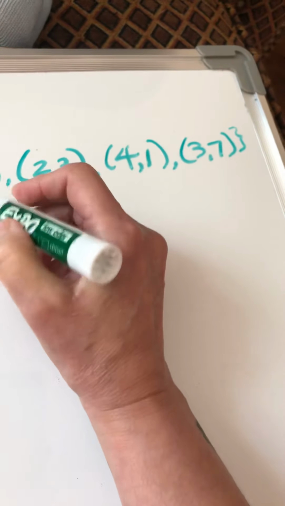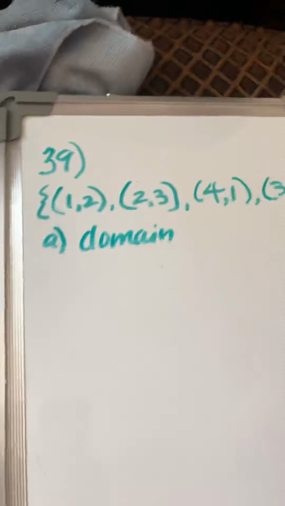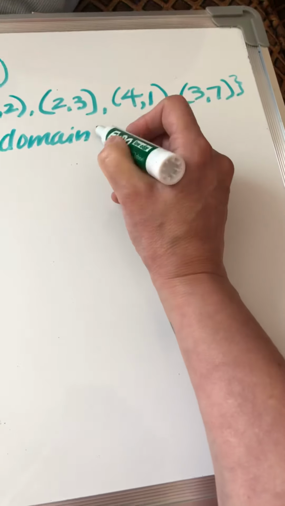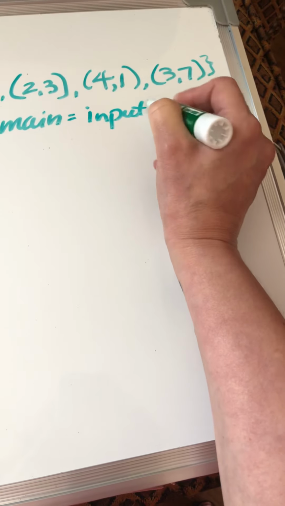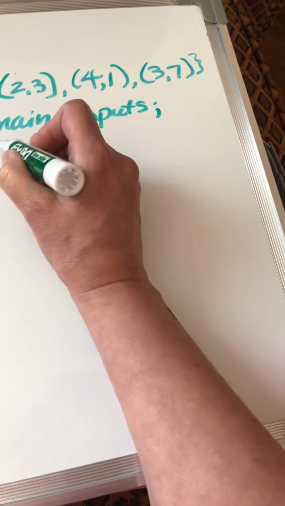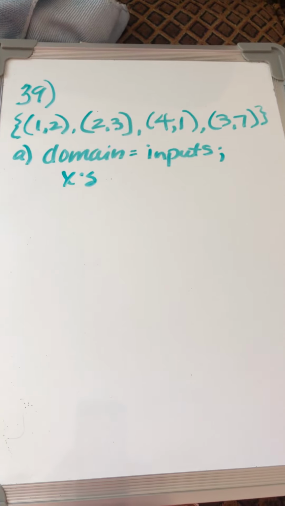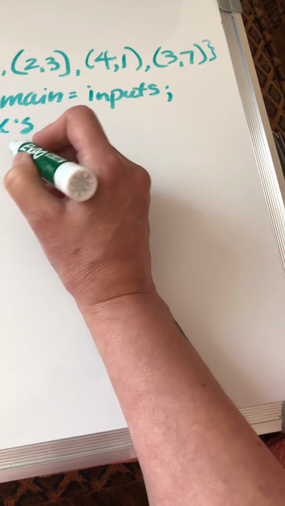And we are asked to identify the domain. Alrighty. The domain of any sort of a relation is just the set of all inputs, which is the same as the set of all x's. That's all. And so if we're listing the set that represents the domain, it's simply 1, 2, 3, 4.